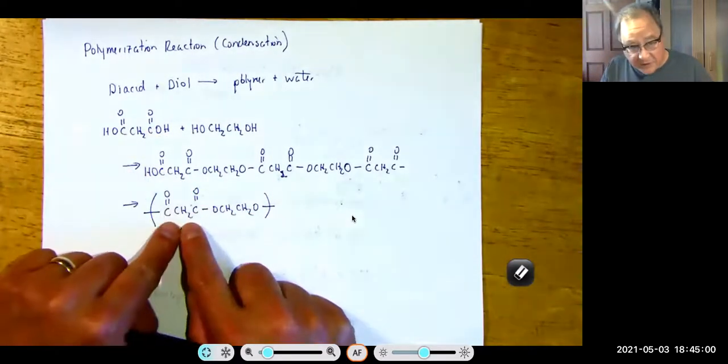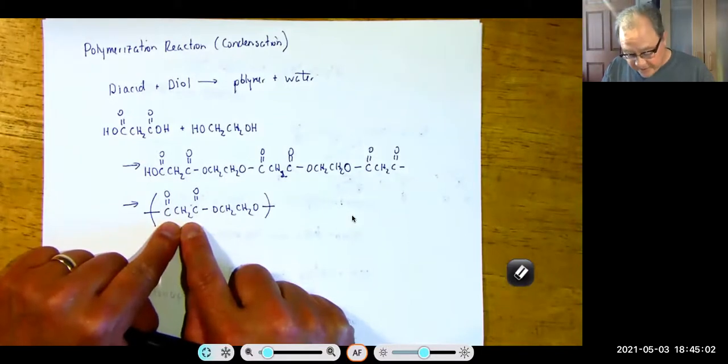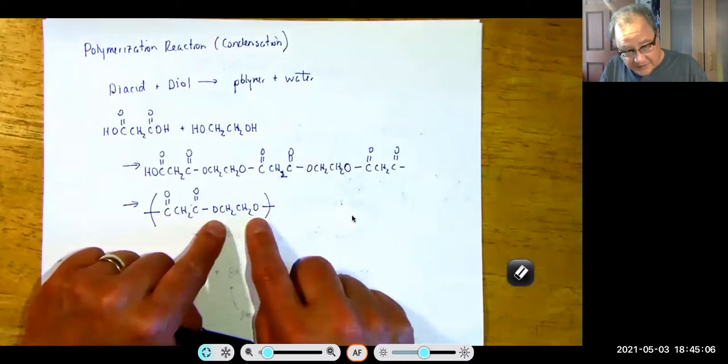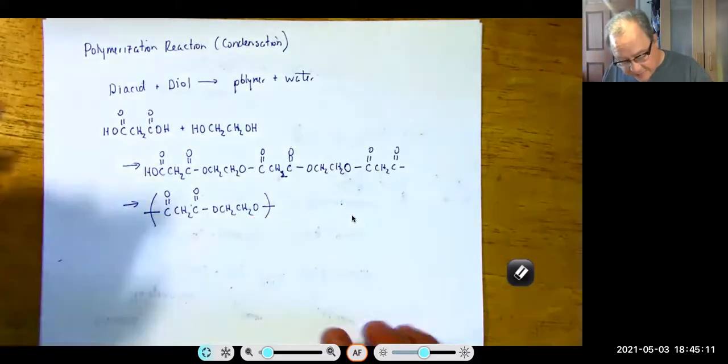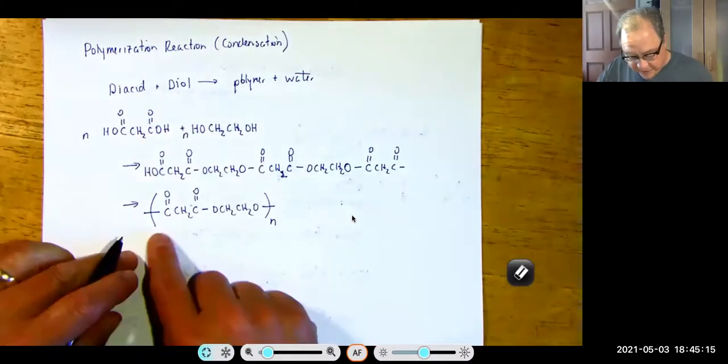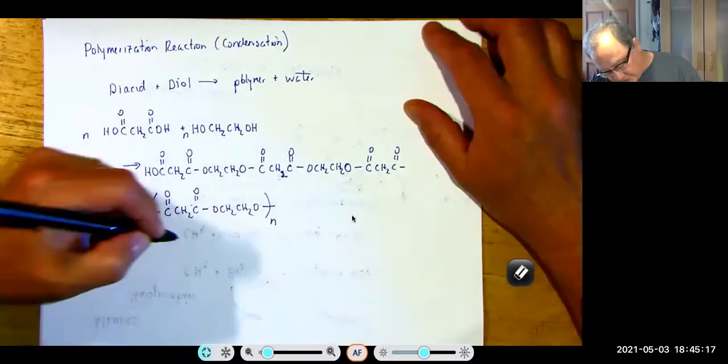So do you see I've taken the OHs off? Right. The alcohol, you take these hydrogens off. Do you see that here? You bond these together, and really what's happening is if you have N of these and N of these, you'll end up with N repeating units, and this is a polyester.